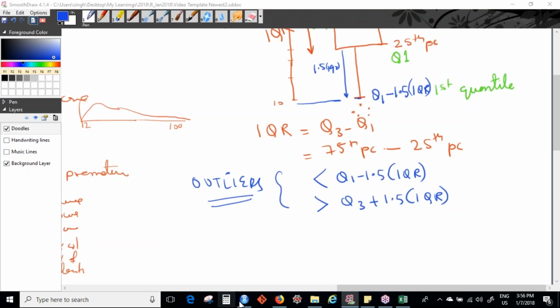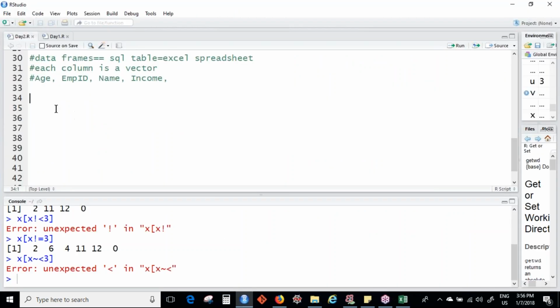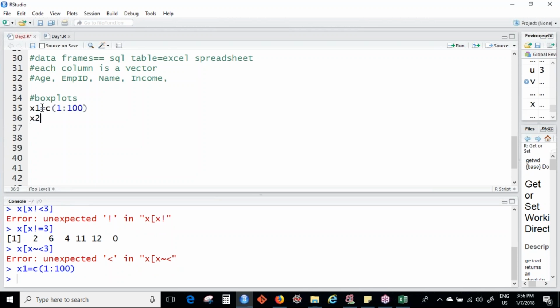So let us do this in R then. Let me create some variables. We are into box plots now. Let me create x1, which is just some numbers from 1 to, let's say, 100. And let me create another, x2, where I'll intentionally give some outliers.